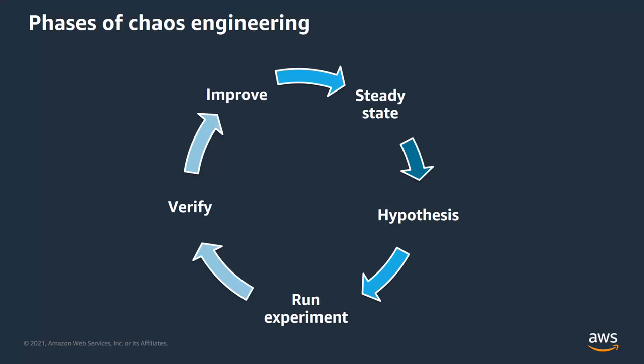And to do that, we follow a well-defined scientific method that takes us from understanding the steady state of our system to articulating a hypothesis, running an experiment, often using fault injection, then verifying the results of that experiment, and then finally learning from the experiment in order to improve that system. Improvements such as its resilience to failure, its performance, the monitoring, and so on, the overall system.